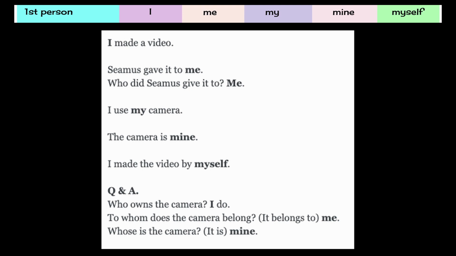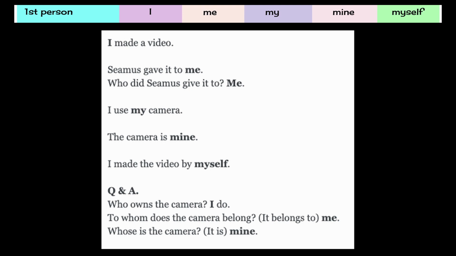Next, we have to whom does the camera belong? Okay, so this sounds quite posh or formal maybe, but it does happen, it does exist. So when you see whom, the answer is going to be me, you, him, and her. They're going to be object pronouns.